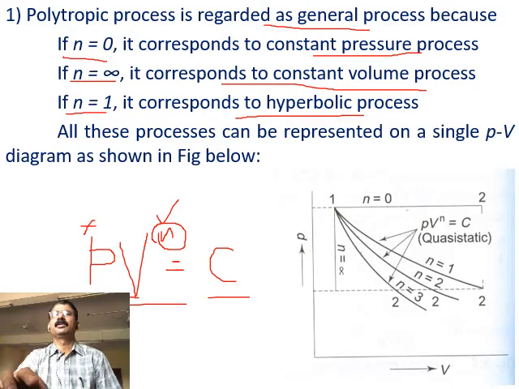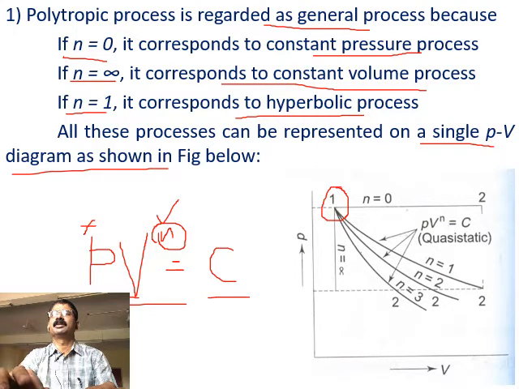All these processes you can represent on a single PV diagram, starting from a common point. That is very, very important, so you have to draw a common point here. If n is equal to 0, it is a constant pressure process, so that is this line, constant pressure process 1 to 2. If n is equal to infinity, it is a constant volume process, a vertical line, because it is a PV diagram.